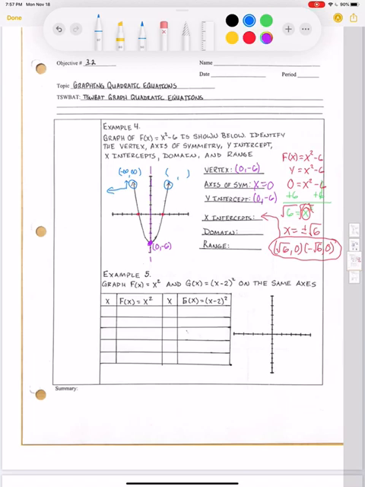The right arrow has a coordinate of (infinity, infinity), because it's going to the right on the x-axis, so it's positive. It's also going up, so it's also positive. If you are trying to find domain, you're looking at the x values. So my x values are negative infinity to positive infinity.